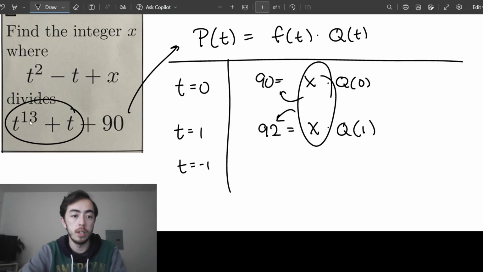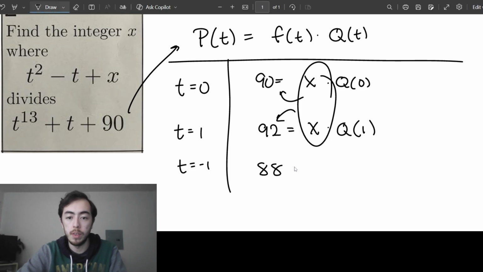Plugging in the -1 here gives us -1 minus another 1 plus 90. So that's going to be 88. 88 is equal to, this will be 1 and then minus -1, so 2, 2 plus x, and then times whatever q of -1 is.